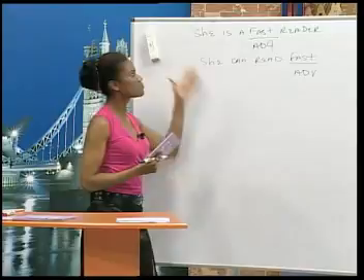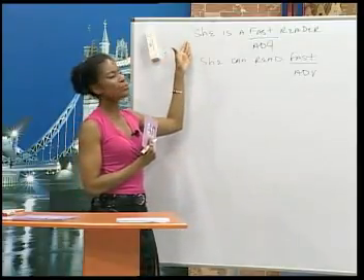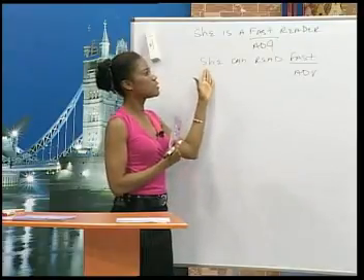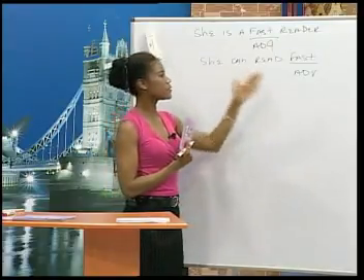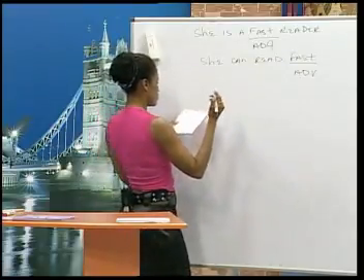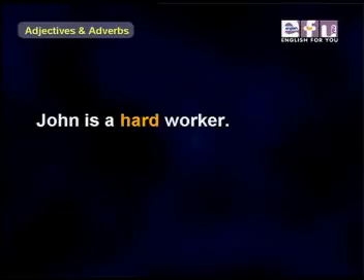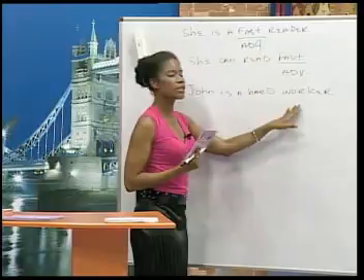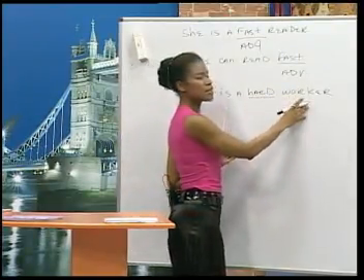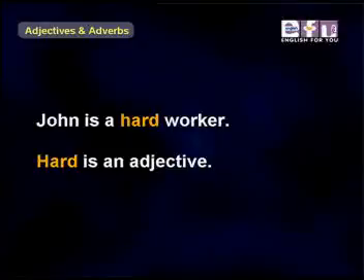So let's review. She is a fast reader, fast as an adjective, but she can read fast, fast as an adverb. Next example. John is a hard worker. In this sentence, worker is a noun, and hard is telling us about the worker. So in this sentence, hard is an adjective.